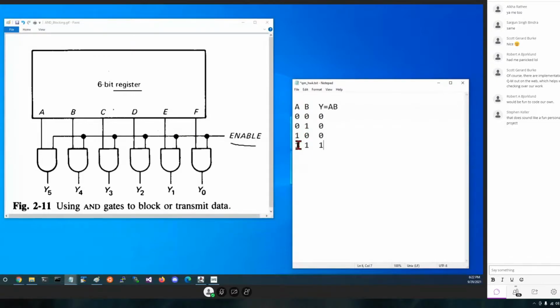But if it's a 1, the value of B gets to pass through. So we can basically block any signal by passing it through an AND gate and then making the other pin be either low, which is a 0 when we don't want to pass the data, or a 1 and high when we do want to pass the data.